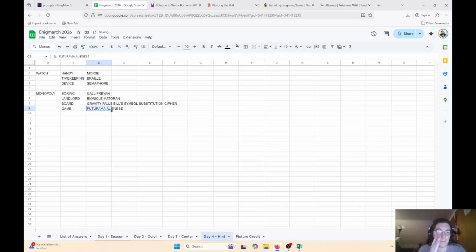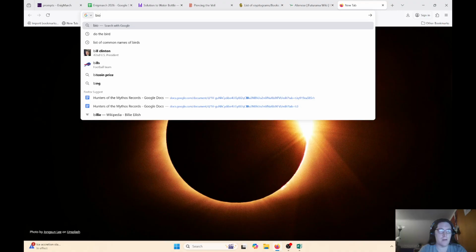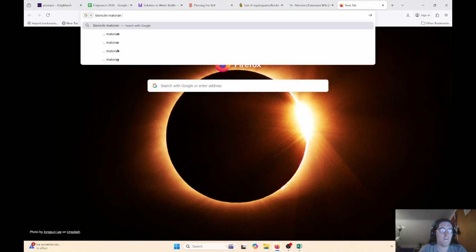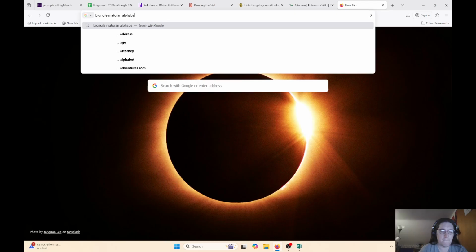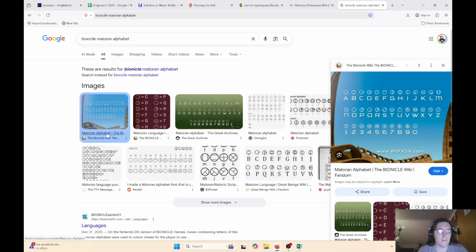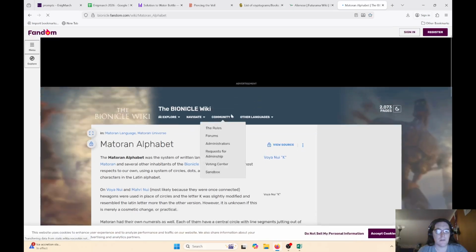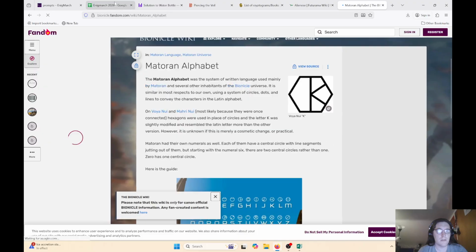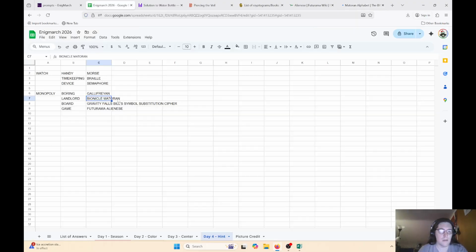So the Bionicle Matoran. Matoran alphabet is what it is. So if we can get the names, I know.